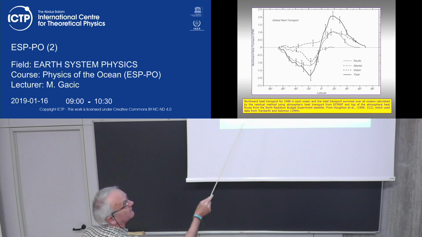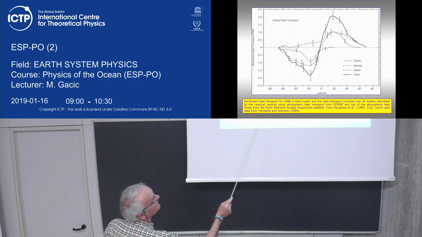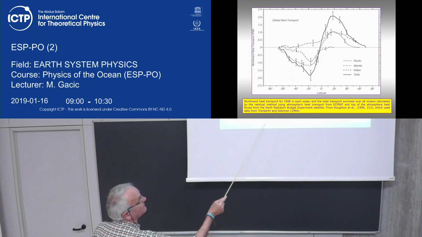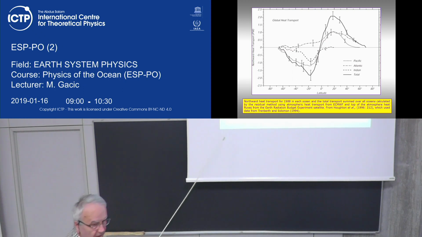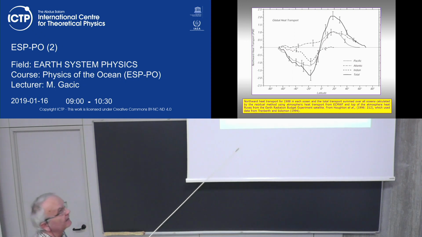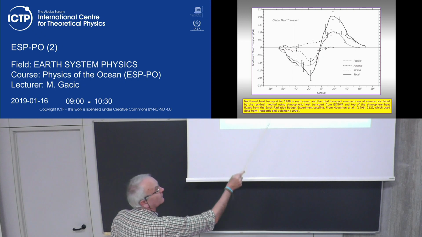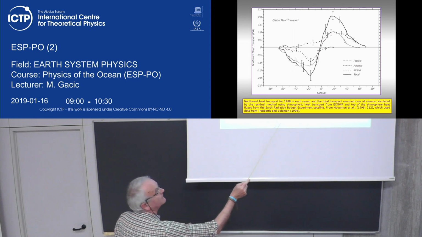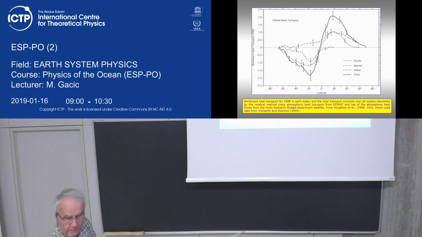If you look at the Pacific Ocean, you can see that in the Southern Ocean you have the southward transport from the equatorial area toward the polar areas. In the northern hemisphere, you have the positive transport from the equator toward the polar areas.